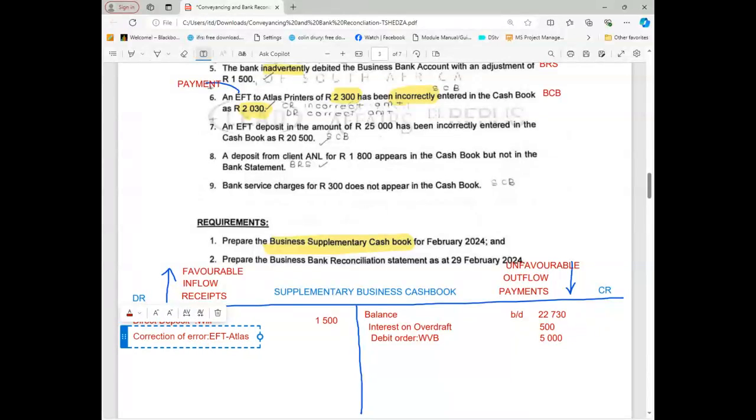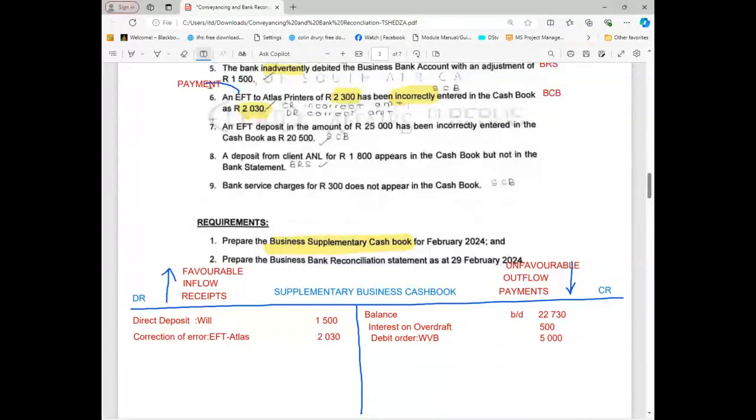And then we put 2030. I want you to understand why we are doing this. We are just trying to cancel the error because when we paid, this balance took this 2030 into consideration. So it means this is less because of that.